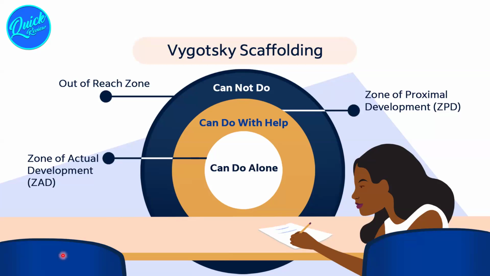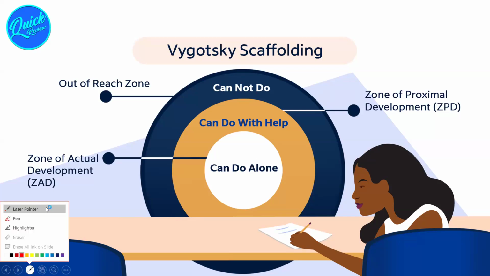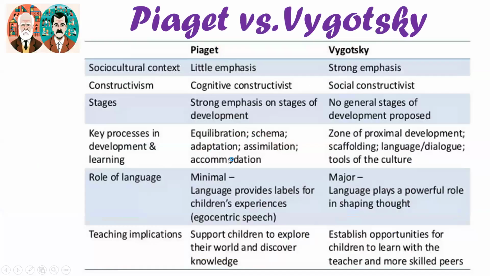So this was the concept of the very famous Vygotsky. This was the difference between the concepts of Vygotsky and Jean Piaget. Jean Piaget has given very little emphasis to the sociocultural context, and Vygotsky has a strong emphasis because his theory is called sociocultural theory.